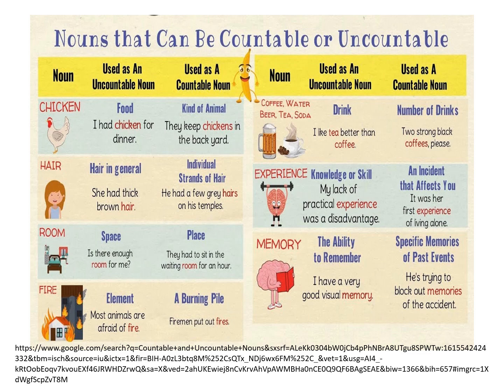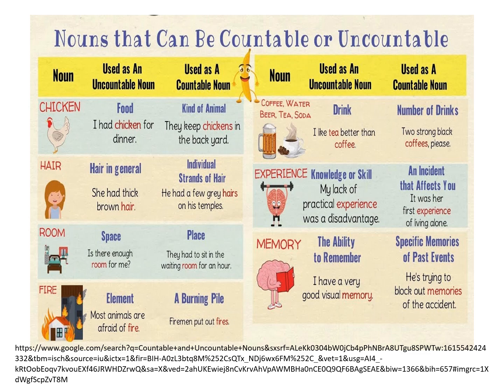For example, hair in general. When you talk about hair in general, you have to deal with it as an uncountable noun. She had thick brown hair. But if you are talking about individual hairs, he had a few gray hairs on his temples.